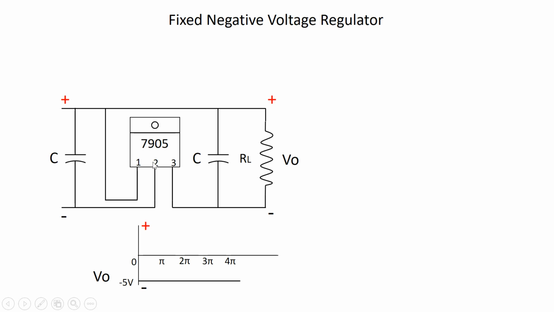Pin number 2 is the negative input voltage terminal, and pin number 3 is the negative stable DC output terminal, which will be supplying the load resistance here.